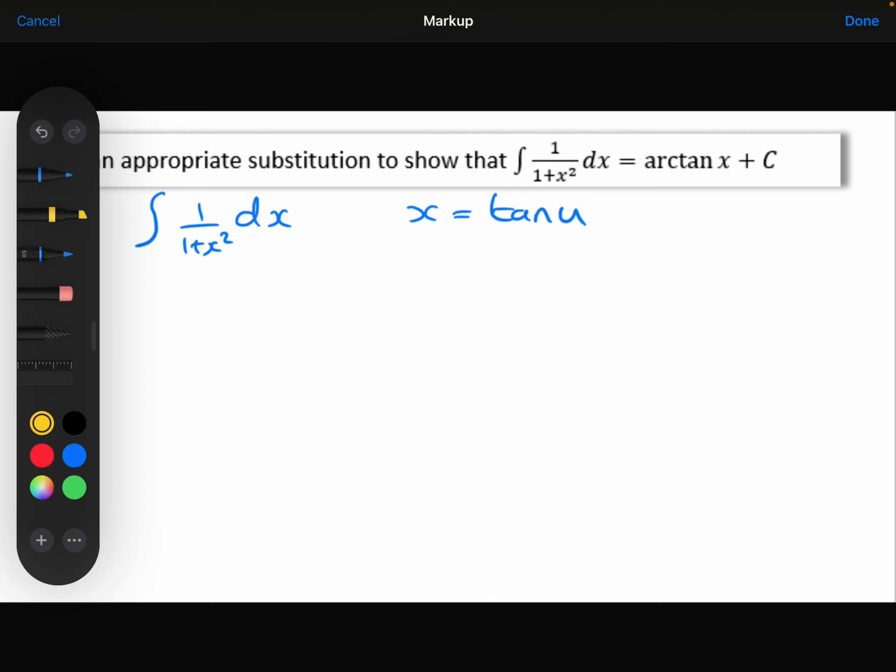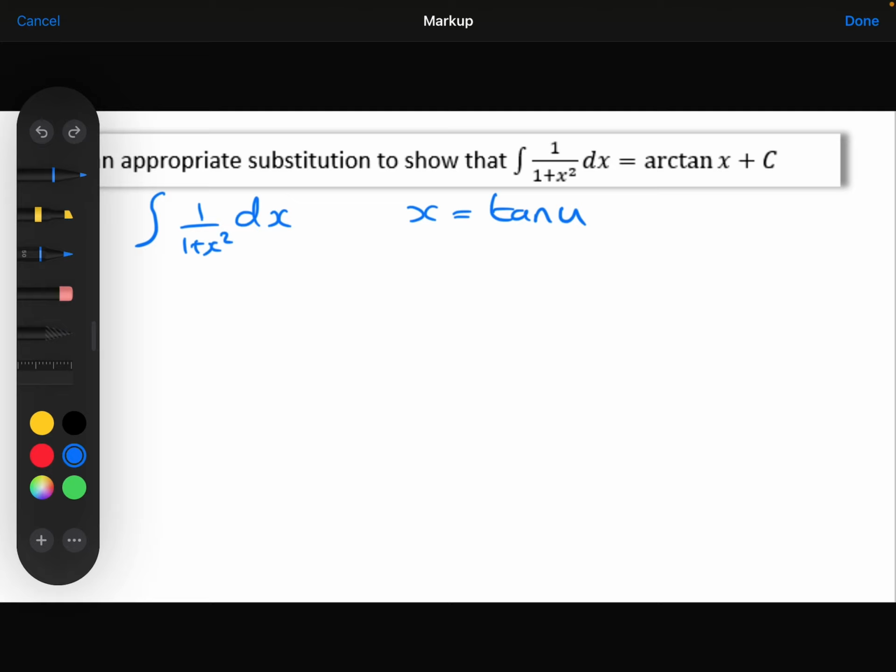The reason I picked tan u as my substitution is that when I substitute this in on the denominator, it's going to give me 1 plus tan squared, which is good because 1 plus tan squared will simplify to be sec squared. And then hopefully there'll be some simplification.